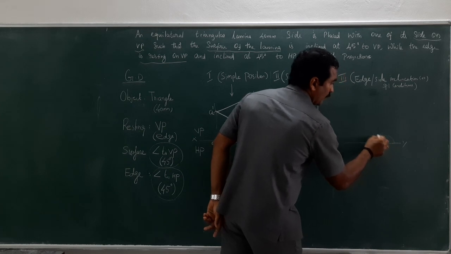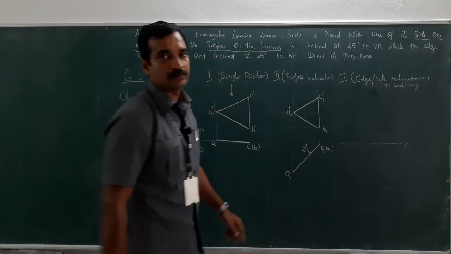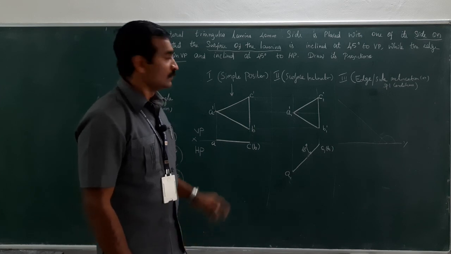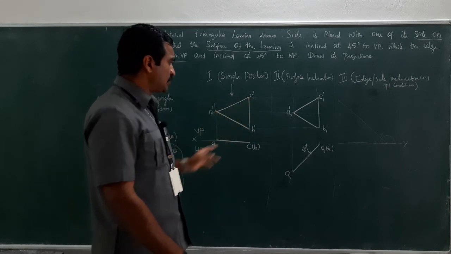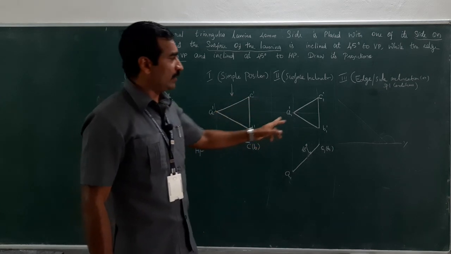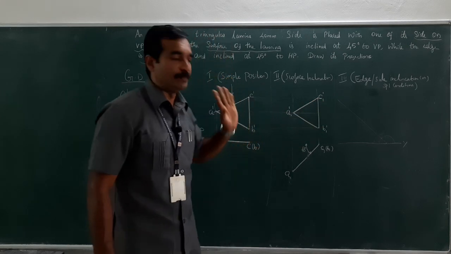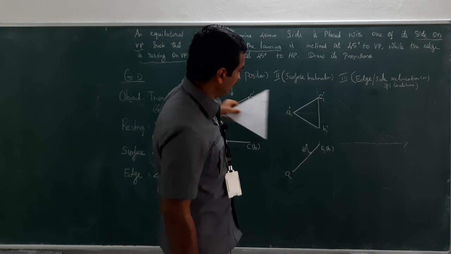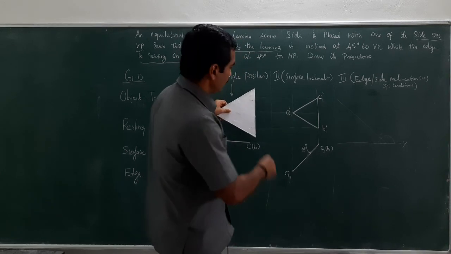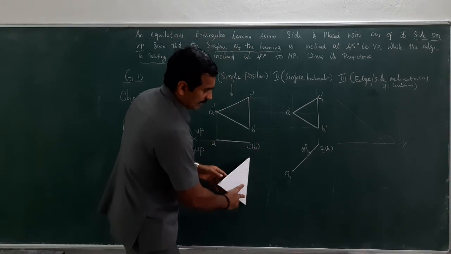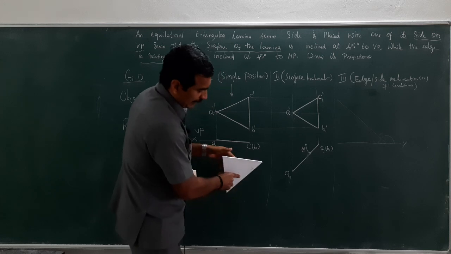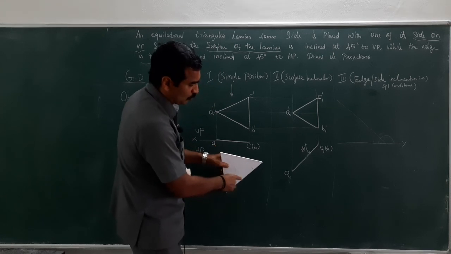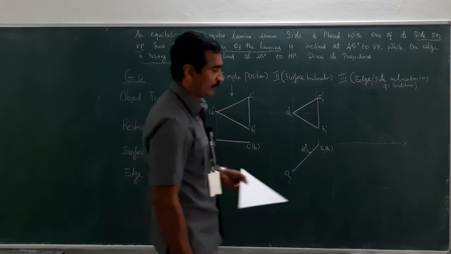Draw a line. How is it resting? With the edge, and C and B are resting on the VP, in this fashion, tilted at 45 degrees to HP. This is how it's going to be.